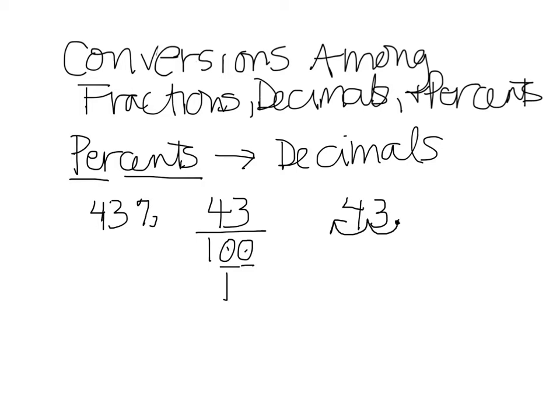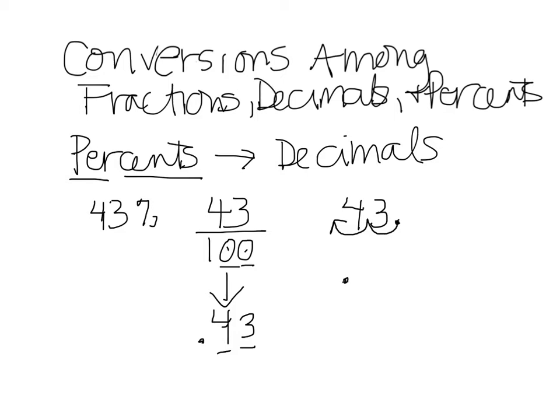Also, remember, if you say this out loud, it is 43 hundredths. And we write that as a decimal point with 43, and since it has two places, that makes it 43 hundredths.